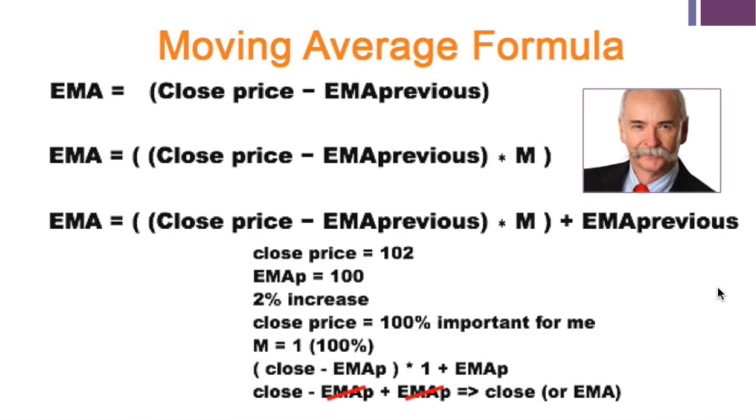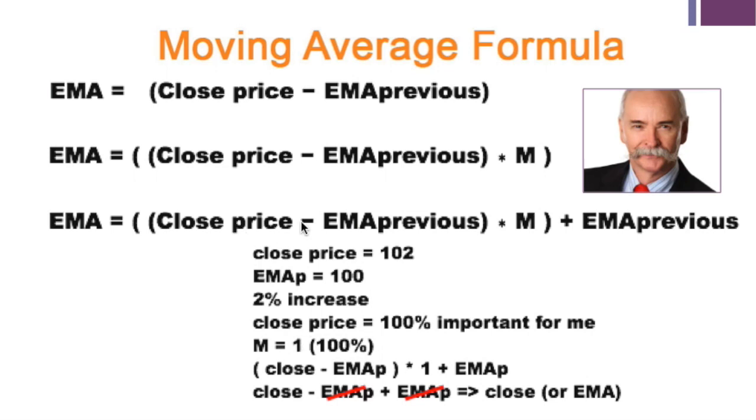Now suppose this current closing price is 100% important. Nothing else is important. So all the historical data, all the moving averages you calculated, is 0% important. That's why m is then 1, right? 100%, so 1.